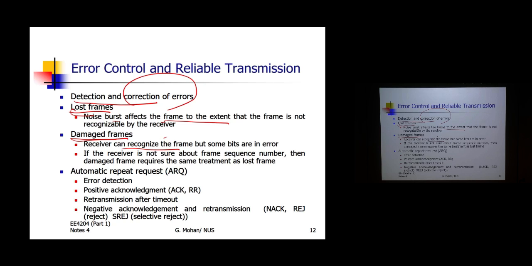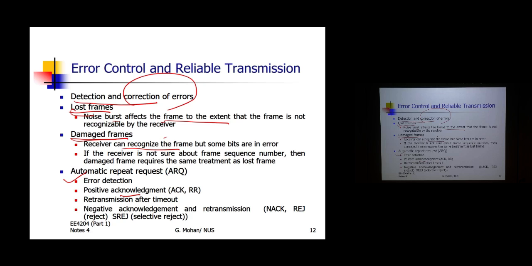So to deal with this error and retransmission, a number of mechanisms should be in place. What are those? One, error detection. The protocol or the network should support error detection, and there is a mechanism which we have already seen, positive acknowledgement.